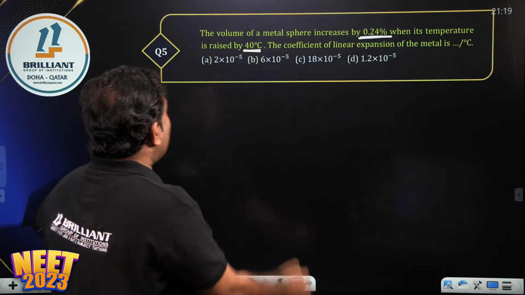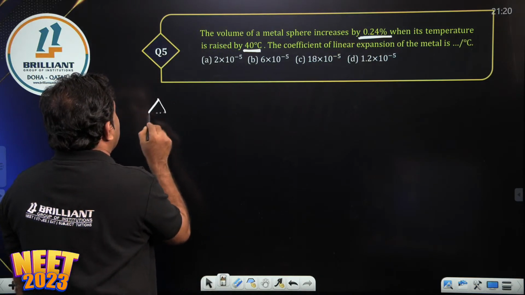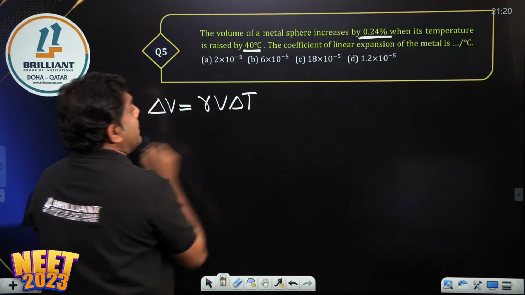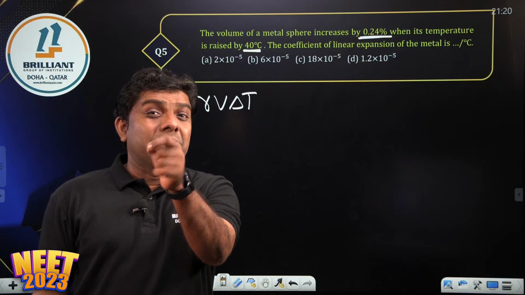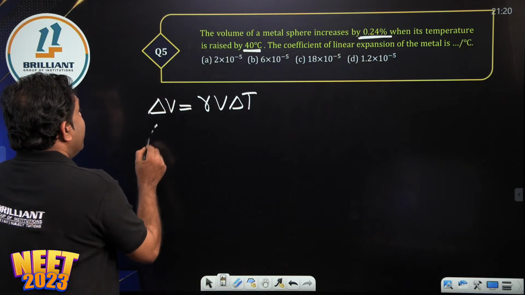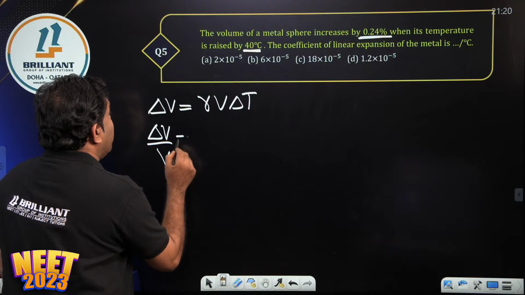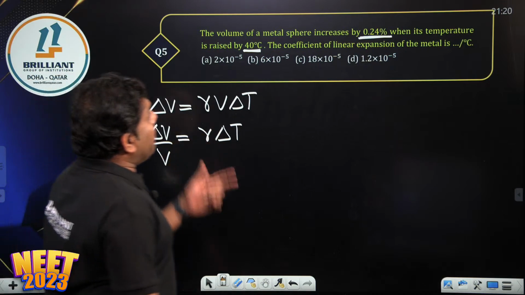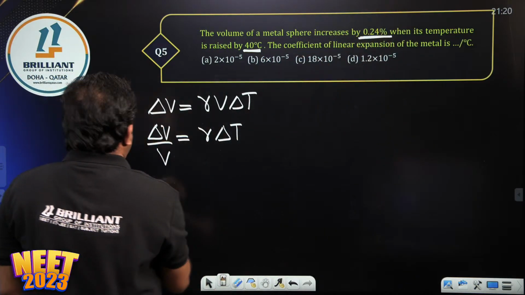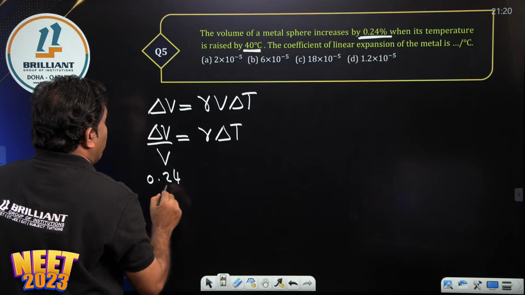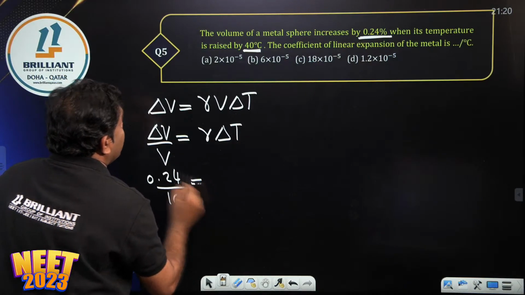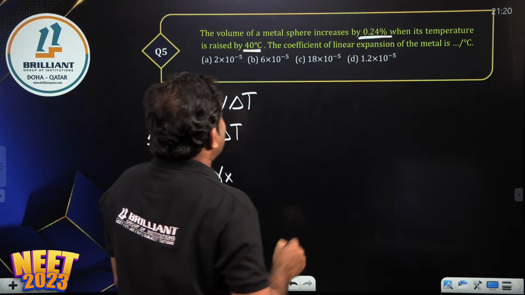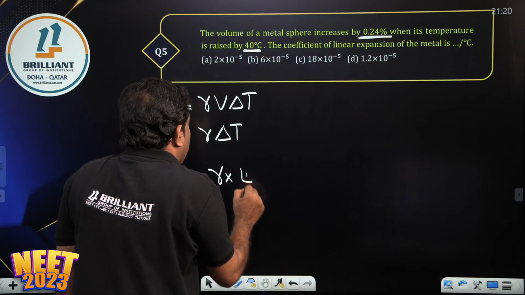So you know what the volume expansion equation is? We know that delta V is equal to gamma V delta T. But the data is given in percentage, so I can say delta V by V is equal to gamma delta T. Delta V by V is given as 0.24 percent, so 0.24 divided by 100 is equal to gamma into delta T, which is 40.